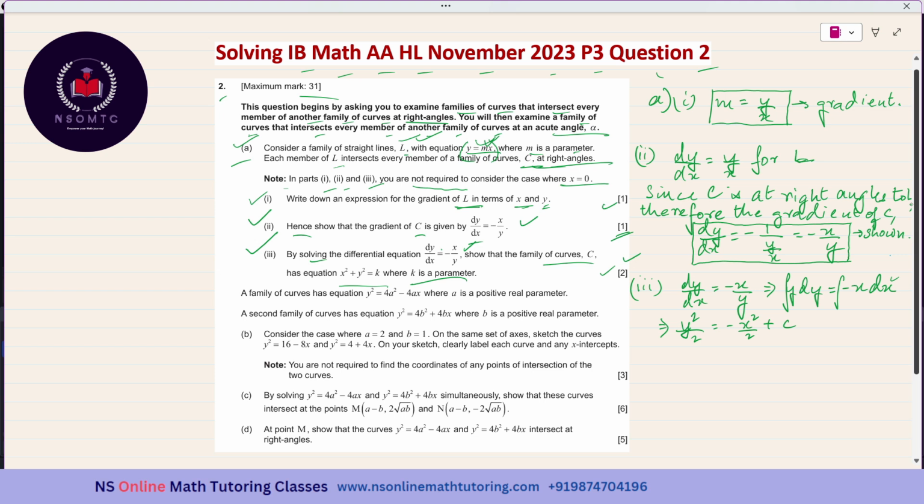And we are multiplying the entire equation by 2. So we get y squared equal to negative x squared plus 2c, or x squared plus y squared is equal to k, where k is equal to 2c. Shown.